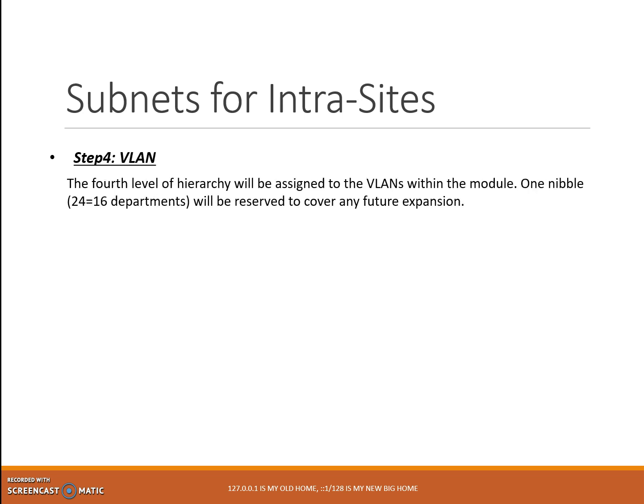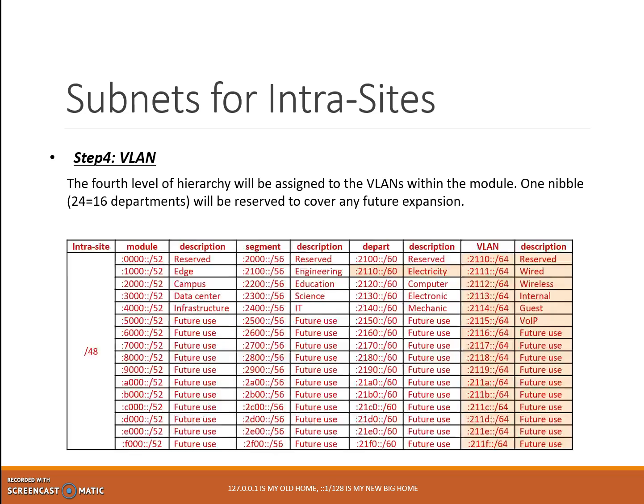Okay, the fourth level of the hierarchy will be assigned to the VLANs within the segment. One nibble will be reserved to cover the future expansion. We'll continue with the electricity department. We have wired, wireless, internal, guest, and VoIP. So the fourth hexadecimal character will be reserved for the VLAN inside the department.